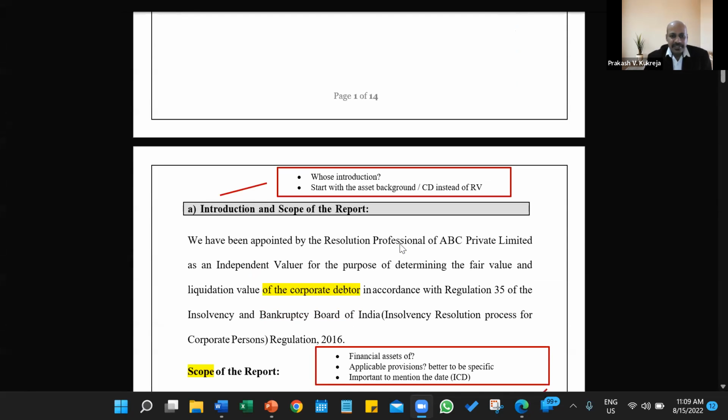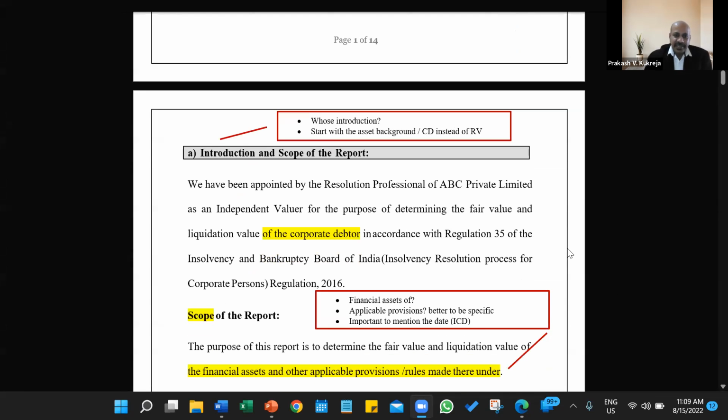When I look at the first section, it says introduction and scope of the report. It does not say introduction of whom. Is it about the corporate debtor for which we are doing the valuation? Is it about the valuer? There is no specific title to that. I might be nitpicking here, but it is very important to be very specific.